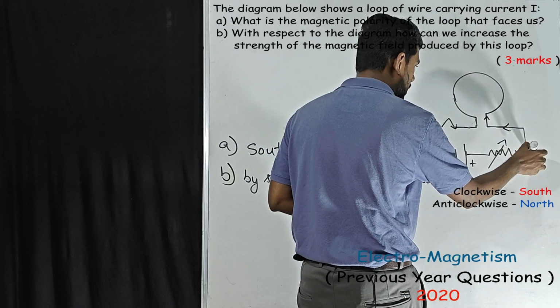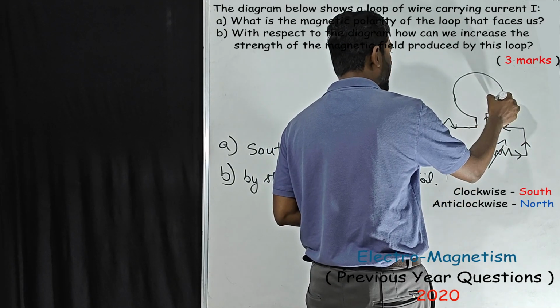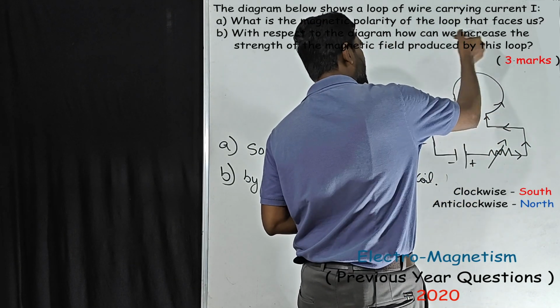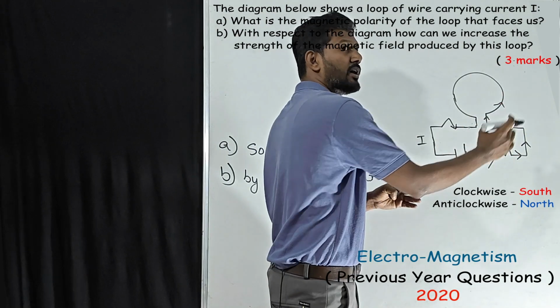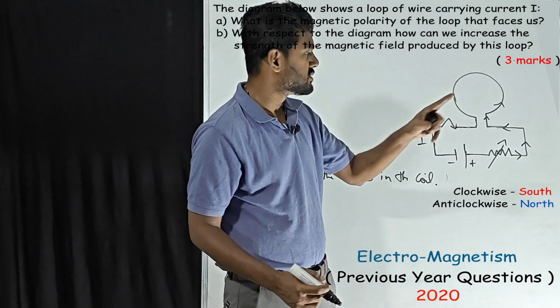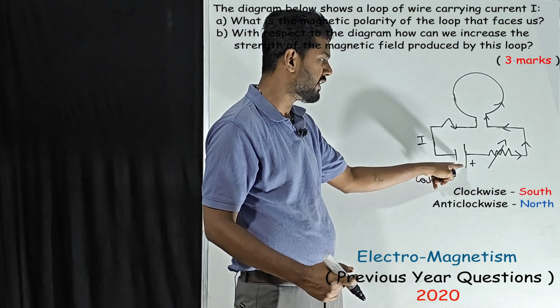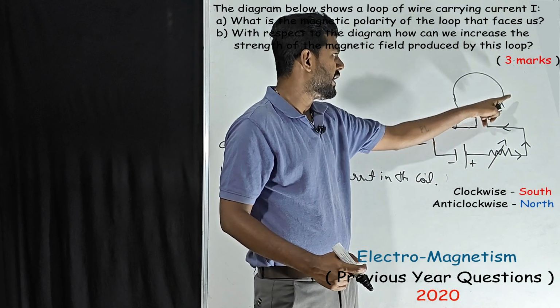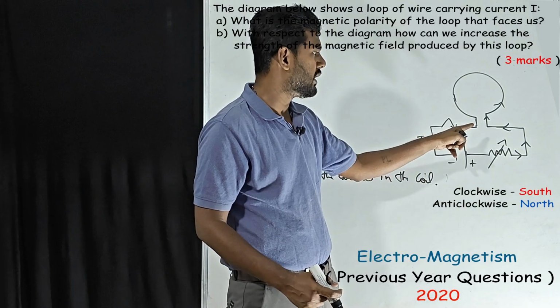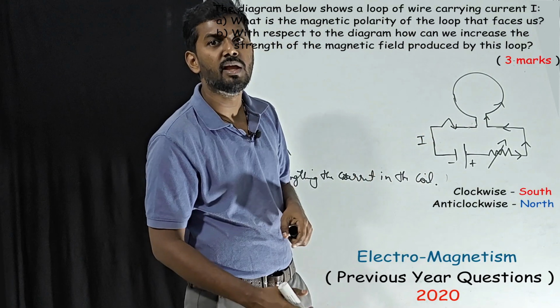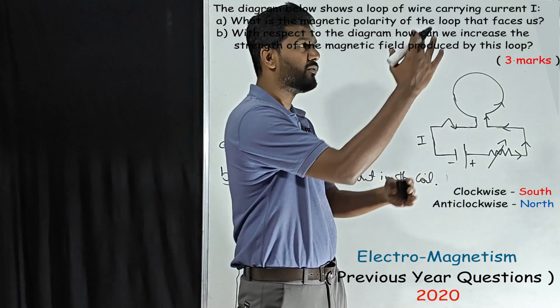We don't care about all these directions of current; we care about the direction of current in the loop. Here it is anti-clockwise. Whenever you are standing in front of it, anti-clockwise means the polarity of this magnet will be north in front of it.